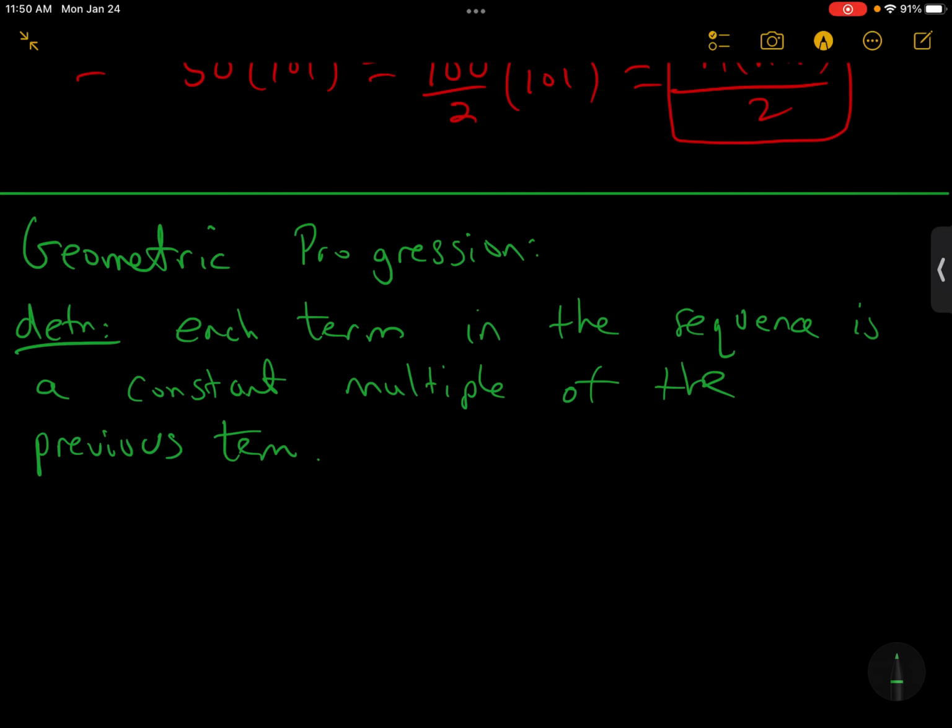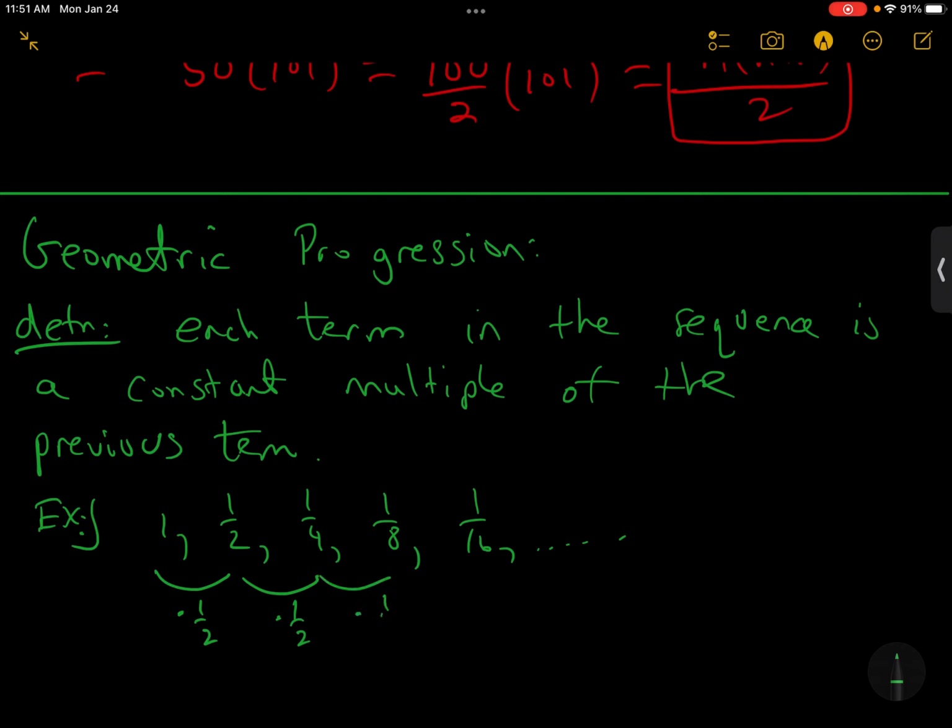So here's an example. Here's a sequence: 1, 1/2, 1/4, 1/8, 1/16, right? To get from 1 to 1/2, I multiply by a half. To get from 1/2 to 1/4, I multiply by a half.